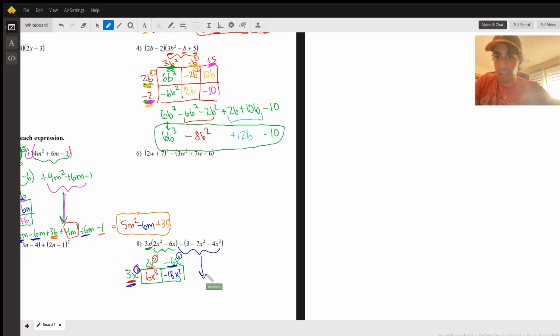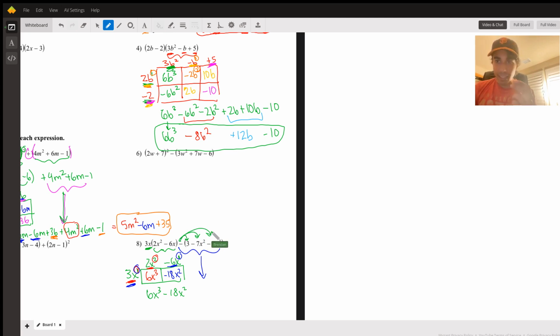So let's rewrite everything we've got. So we've got 6x cubed minus 18x squared. And then the one little caveat or nuance to this negative: it's like we're multiplying everything in here by a negative 1.